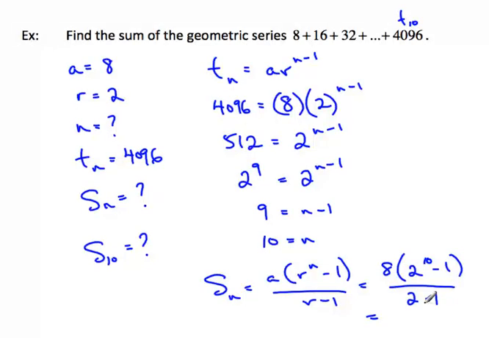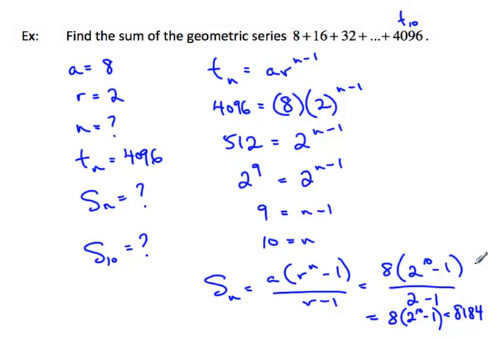This is 8 divided by 1, so that's 8 times 2 to the power of 10 minus 1, which is equal to, using a calculator, 8,184. There are other ways of doing it as well, but that's one way of approaching that problem. So that's an introduction to geometric series.